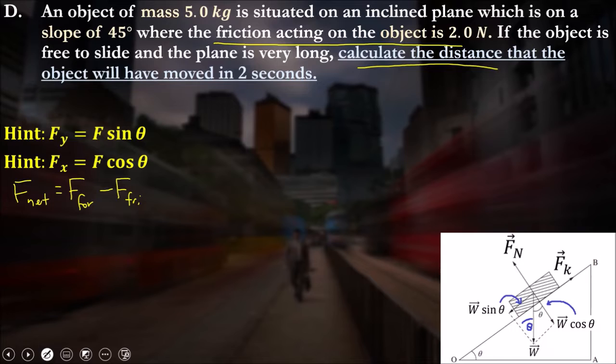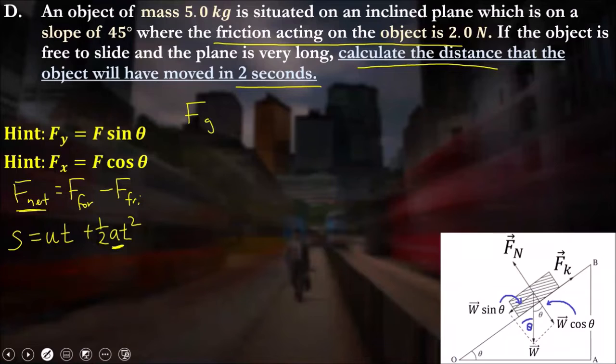You need to also calculate the distance the object travels. If you look at any equations we've done so far for kinematics, there is nothing on forces and distance, but we do know the displacement of the object is ut plus half at squared. So we can find the acceleration based off the net force to work out the total distance traveled in 2 seconds. Same idea again, find the weight force. So 5 times 9.8, 49 newtons.